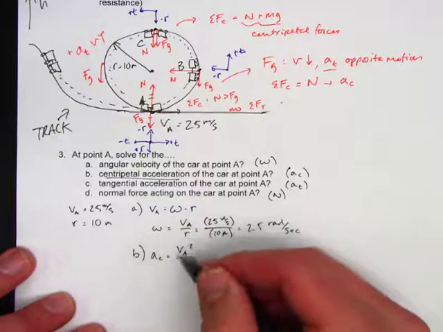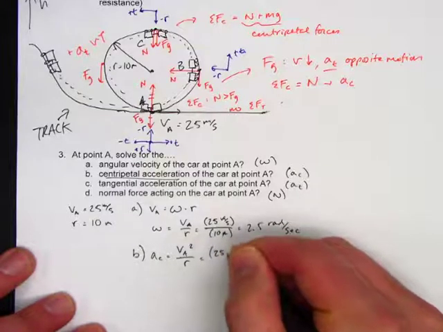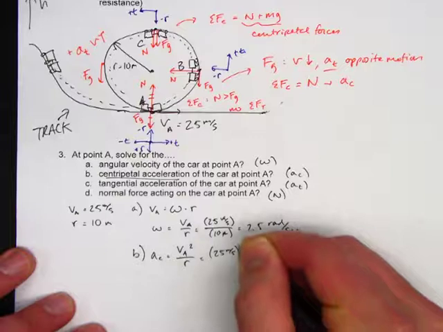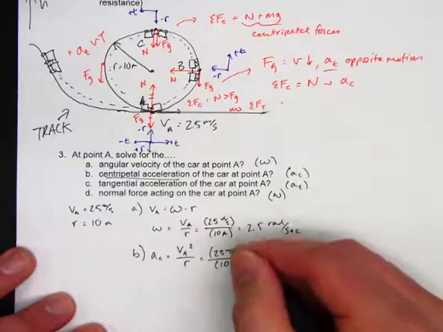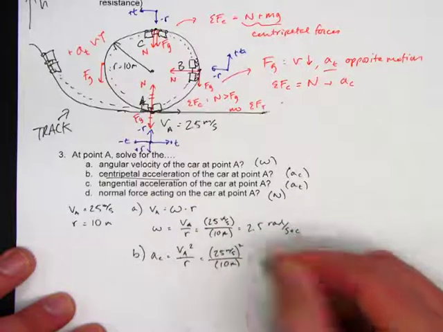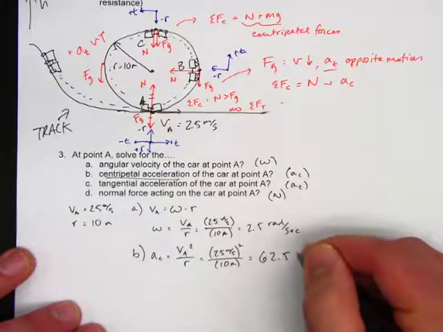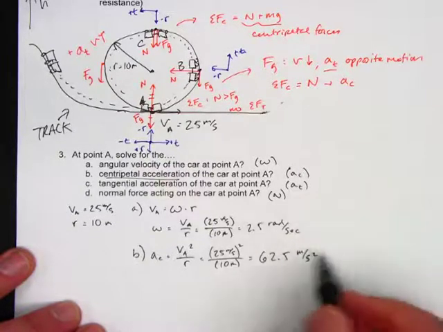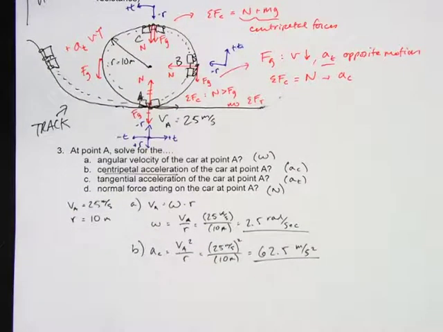So we take our existing omega and multiply by 25, and we get units of meters per second squared, which will be 62.5 meters per second squared. So this is the centripetal acceleration. We can determine it if we know the linear speed at that point and the radius of curvature.